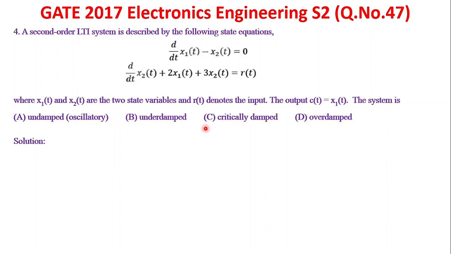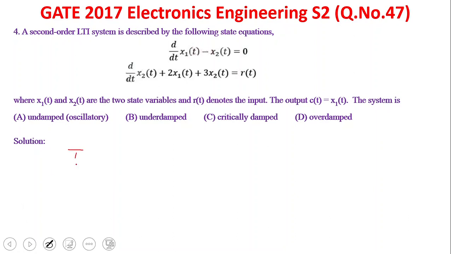We have to check the nature of the damping. Damping means we have to check the poles of the system. We know very well that in the transfer function expression, anyway I will write it here, then only you will be able to understand.